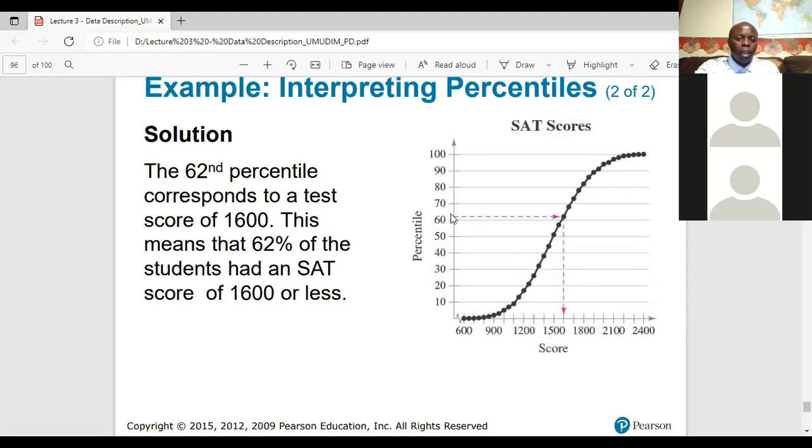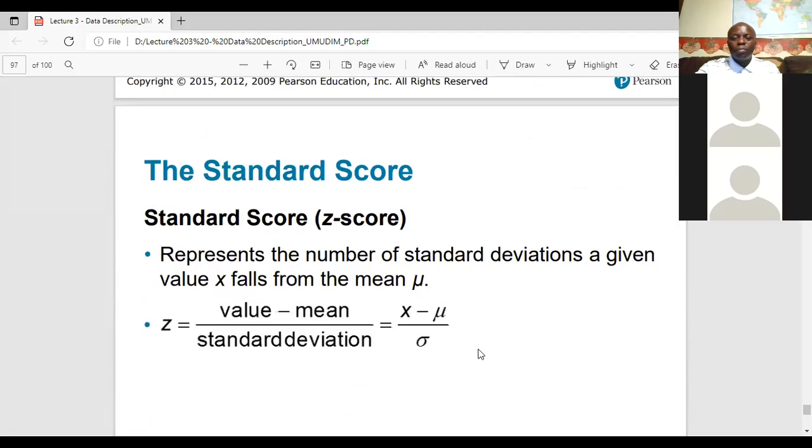So if you locate the 62 from here, go all the way to the curve, wherever it touches the curve, follow it downwards. Any score it touches here becomes the answer, which is the 1600 score.